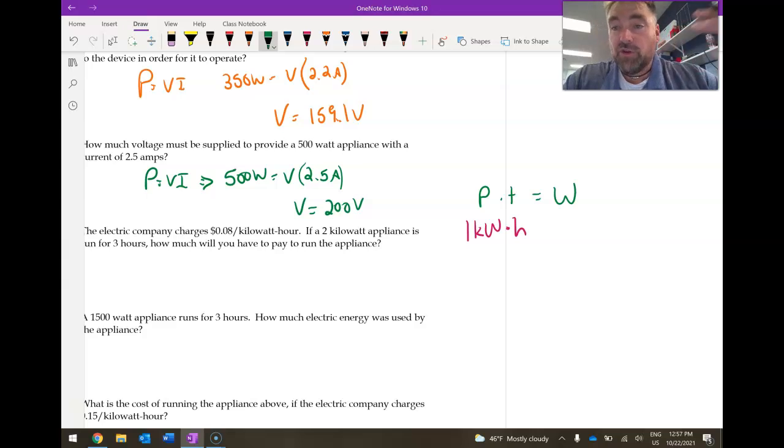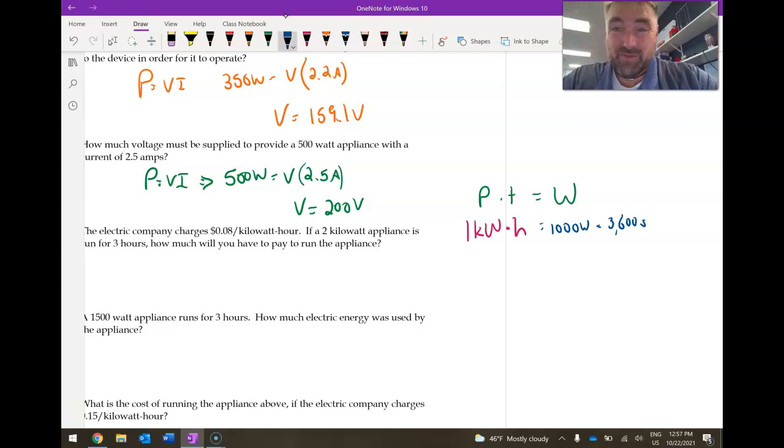Now, normally our unit for electrical energy is joule, okay? But because we get so much energy from electricity, they rewrite this. In fact, if you take 1 kilowatt hour and you turn that into joules, remember, there are 1,000 watts in a kilowatt, and then there are 3,600 seconds in an hour.